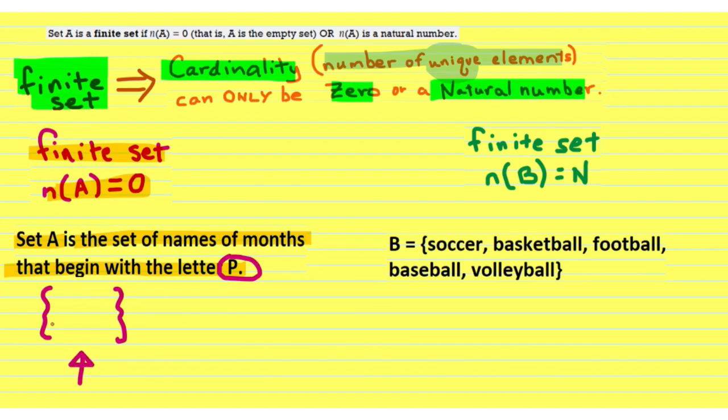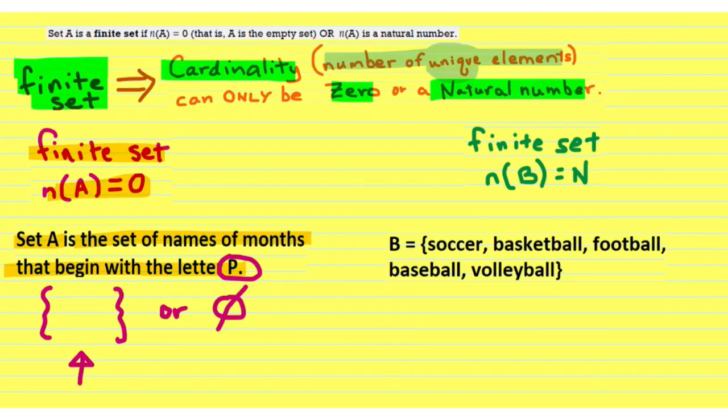That means the cardinality of the set would be 0 because there are no elements. And of course, you can also denote that by the empty set with the 2 brackets with nothing in it, or you can use the null symbol. This is the null symbol, which means there are 0 elements in it.